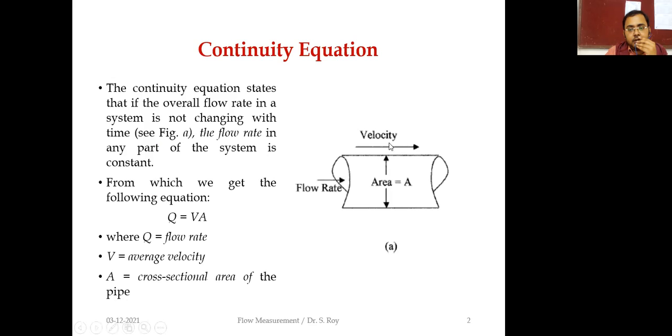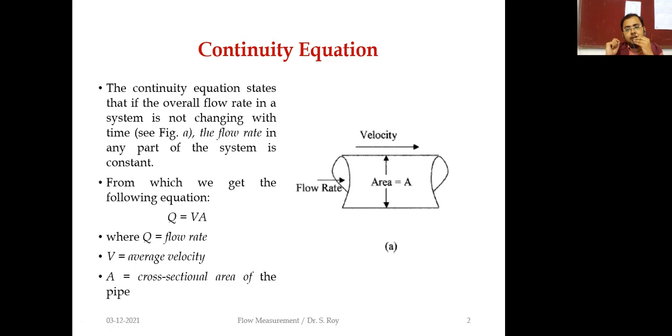That means if I take a system like this, a pipe having the cross-sectional area A, and a fluid is passing through that pipe with flow rate Q and velocity V, then the flow rate, that is V into A, the velocity multiplied by the cross-sectional area, remains constant throughout that system. This is known as the continuity equation. So the continuity equation is given as VA is constant.